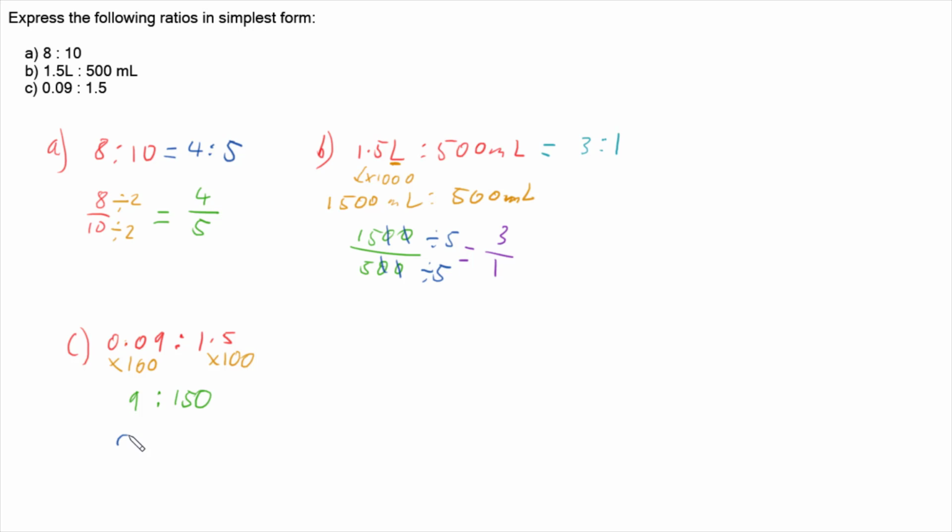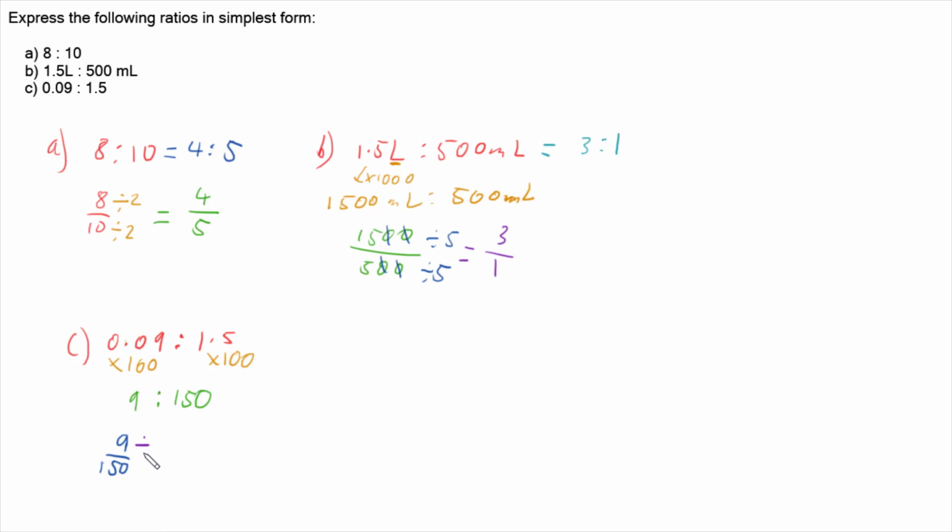Now I can think about this as the fraction 9 over 150. What can I divide both of these by? Well, let's think. 9 can be divided by 3, or itself 9, and that's really our only choices. 150, well, it can be divided by 3, but it can't be divided by 9.